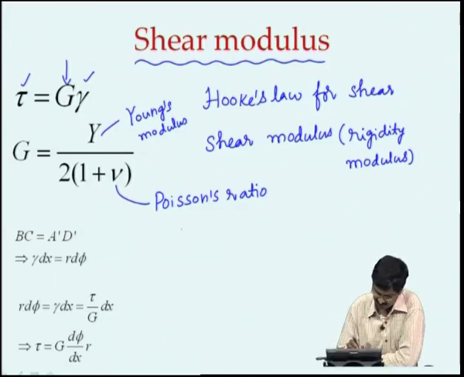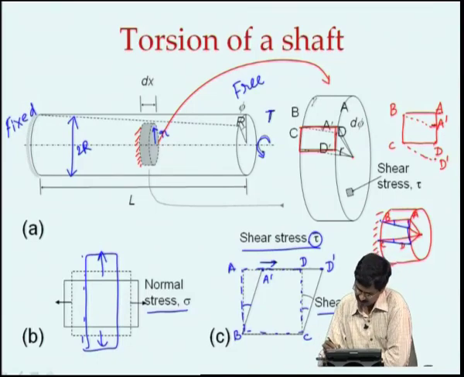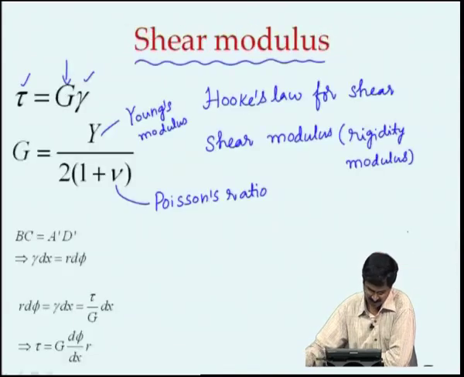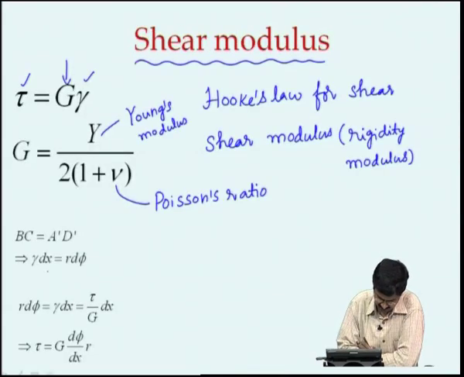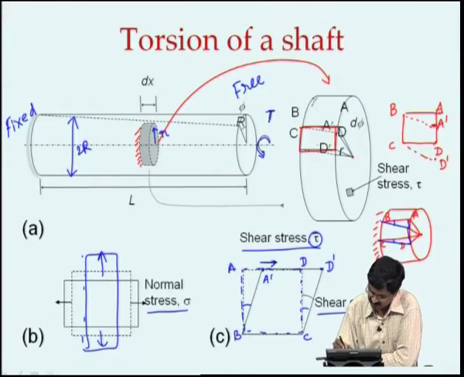If I look at that BC, that is this length from here to here, it will still be equal to this length. So, BC here is equal to AD, which is also equal to A prime D prime. If you look at this figure BC, this length from here to here is going to be the same, which we can write as gamma times dx and r times d phi, because we have taken the length of this.